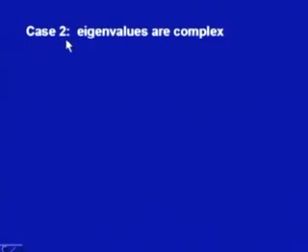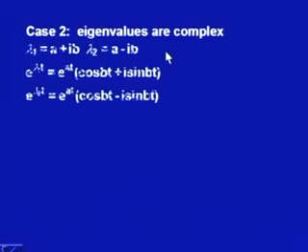In the next case, we consider that the eigenvalues are complex. When the eigenvalues are complex, we can write an eigenvalue lambda 1 as a plus ib, and since the complex roots of a characteristic equation always occur in pairs, the second, lambda 2, will be a minus ib, the complex conjugate of lambda 1.